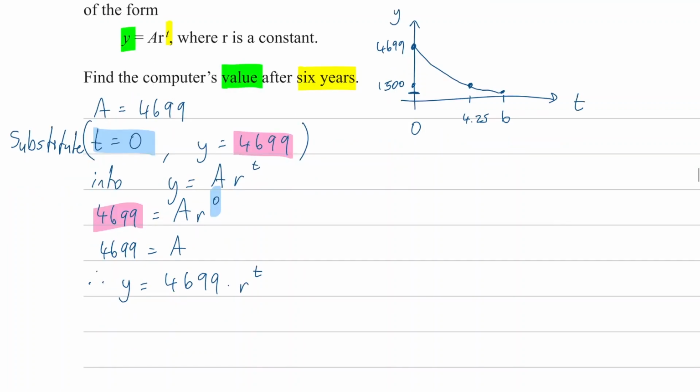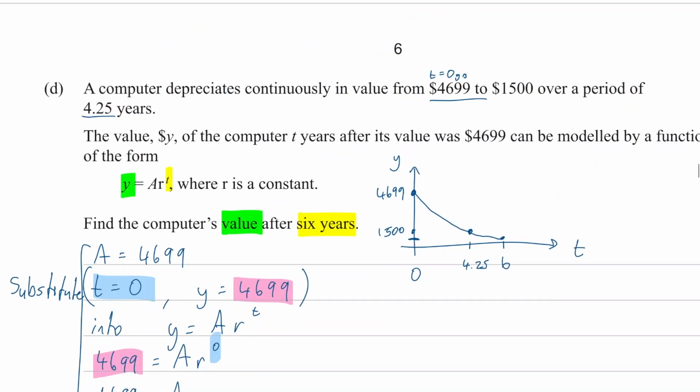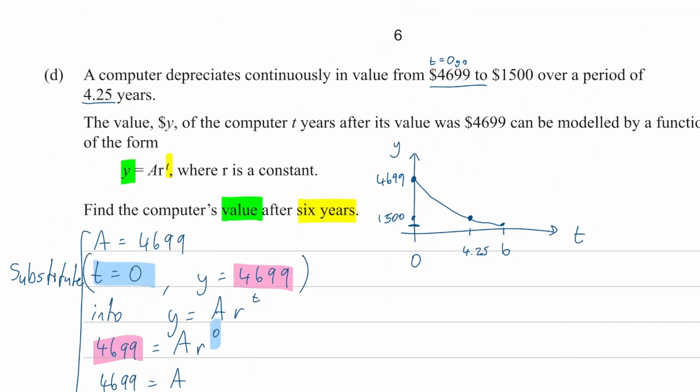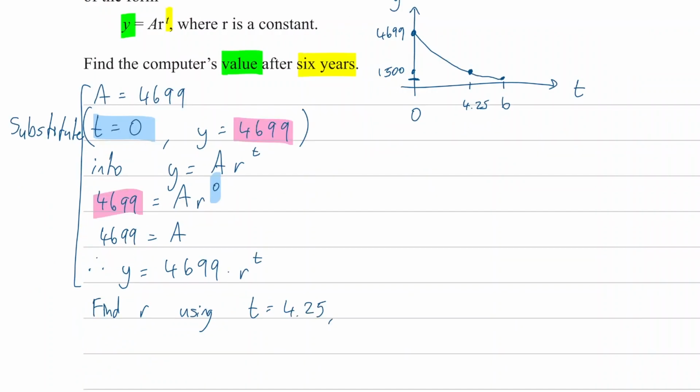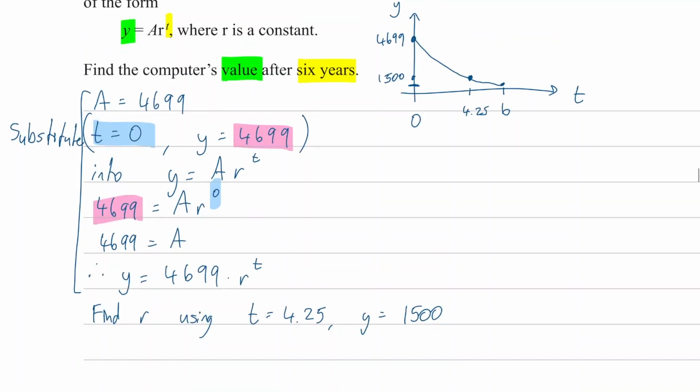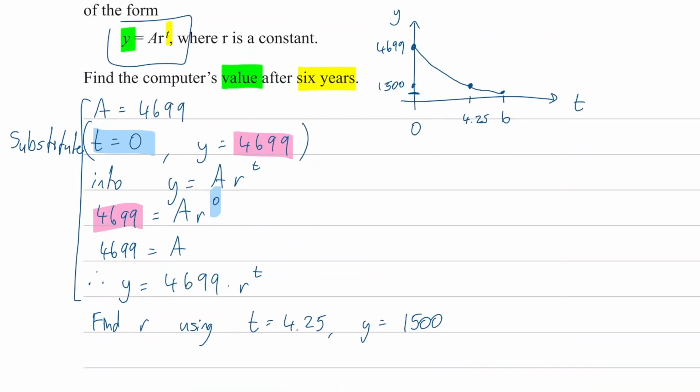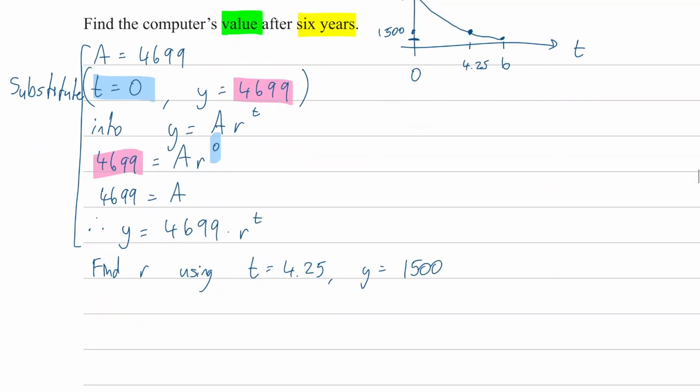This was finding a. Now let's find r. Remember, back up here, we also have this other time-value pair: 1500 at 4.25 years. So time 4.25, y 1500. Now, instead of substituting it into the model the question gave us, we found a, so let's use that.